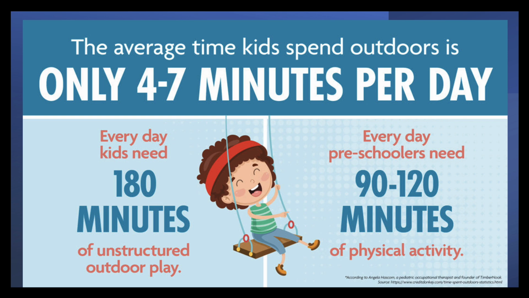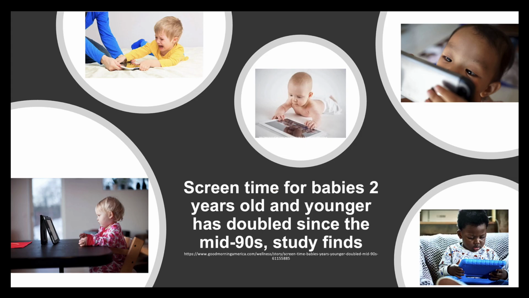We know that at the moment, the average time kids spend outdoors is only 4 to 7 minutes per day, and that's as they move from a vehicle into school, etc. But they need at least 180 minutes of unstructured outdoor play, and preschoolers need at least 2 hours of physical activity, preferably outdoors. Now, screen time for babies 2 years old and younger has doubled since the mid-90s.